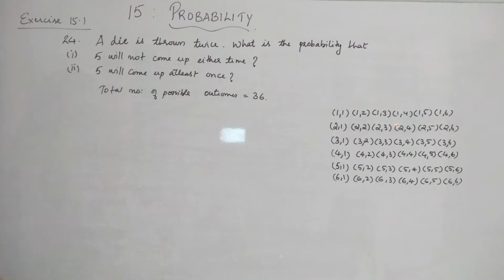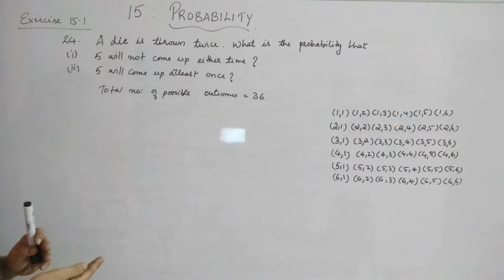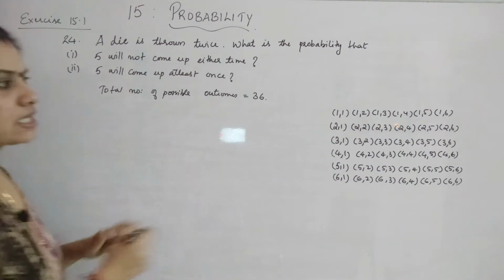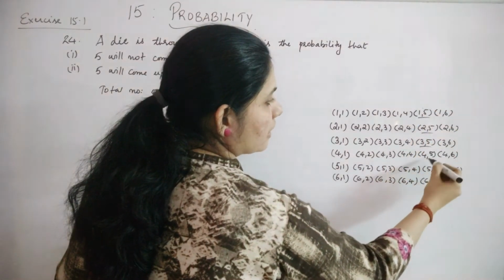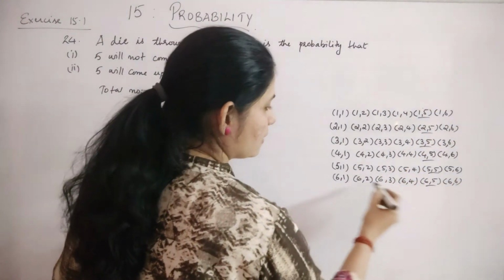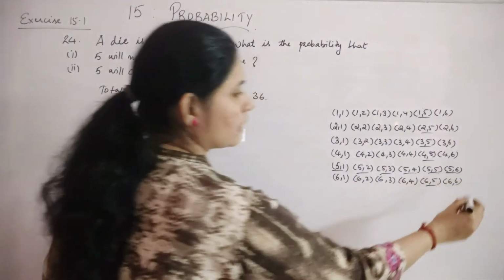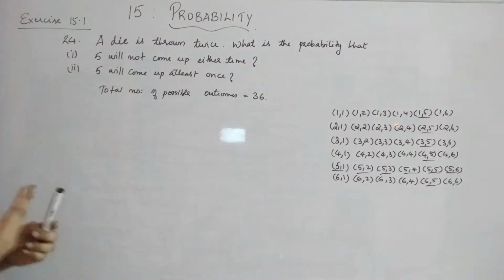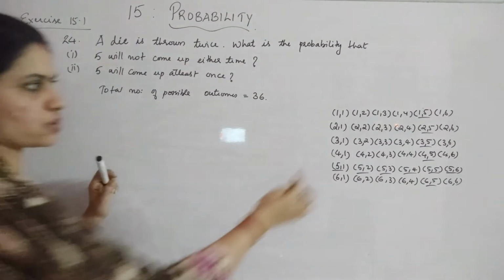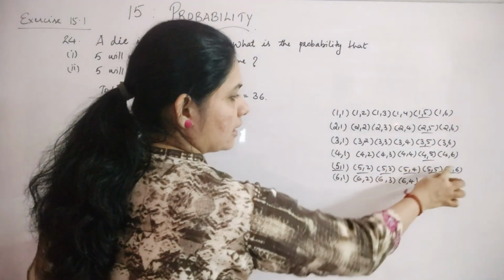Now what we need is the probability in which 5 will not come up on either time. Either time means you can have it in one of them or in both. That means these are 1 5, 2 5, 3 5, 4 5, 5 5, 6 5, 5 1, 5 2, 5 3, 5 4, 5 5 already taken, 5 6. So how many favorable outcomes do you have in which you will get 5? That is 1 2 3 4 5 6 7 8 9 10 11.